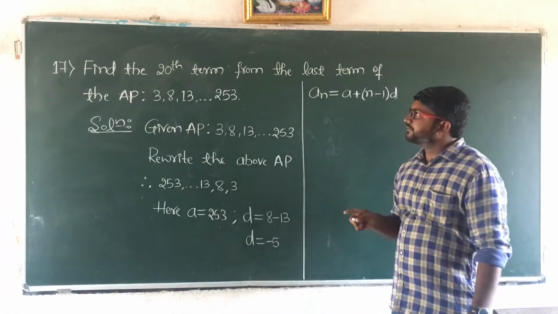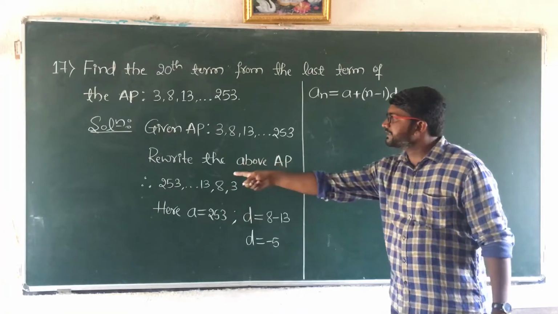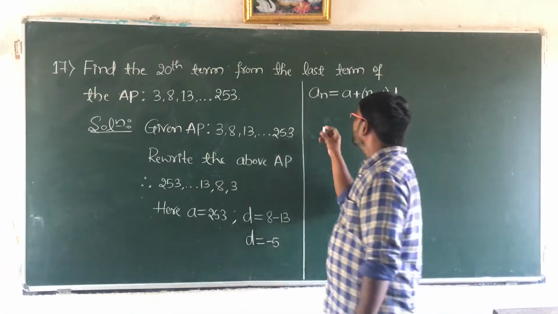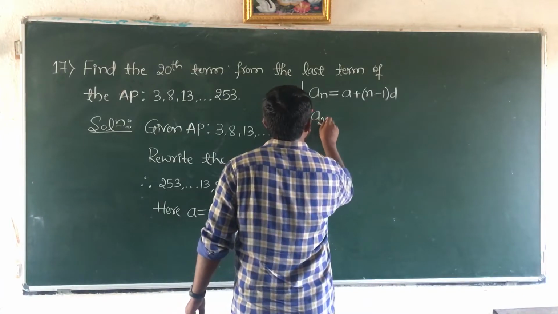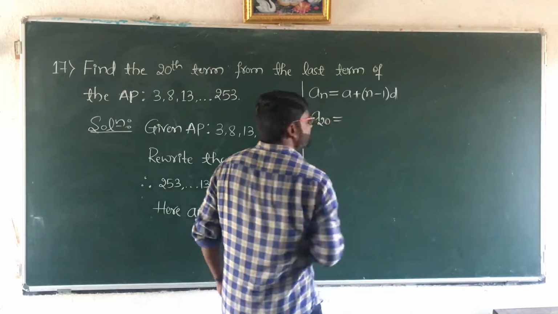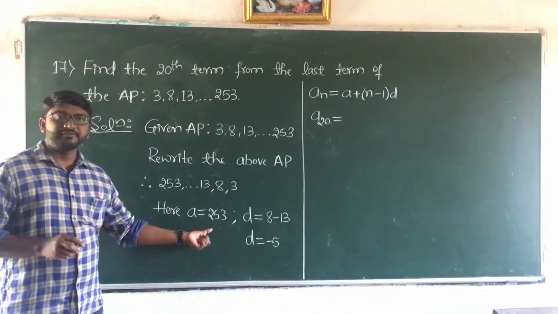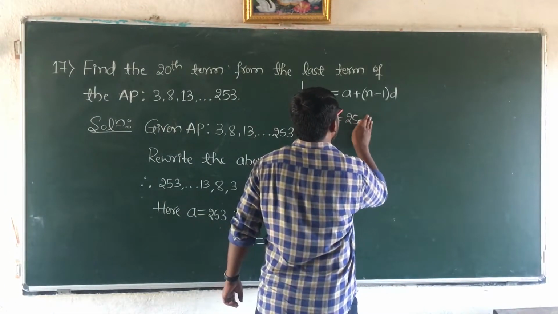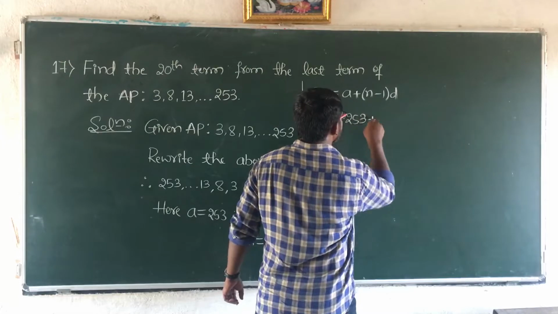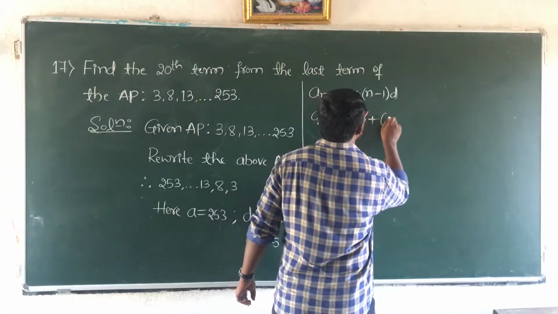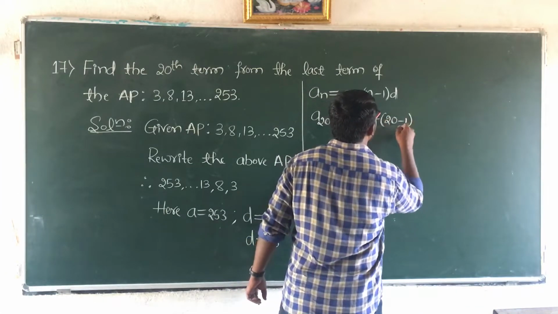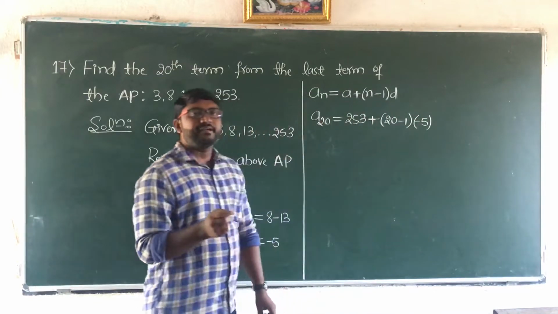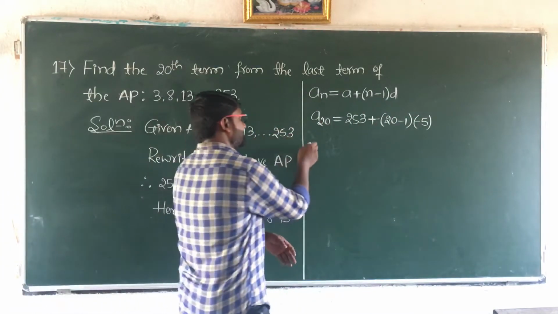Now what we have to find? The 20th term of this particular AP. So I will replace N by 20. A20 is equal to A, which is 253, plus 20 minus 1 into D, and D is minus 5. Now let us simplify this.